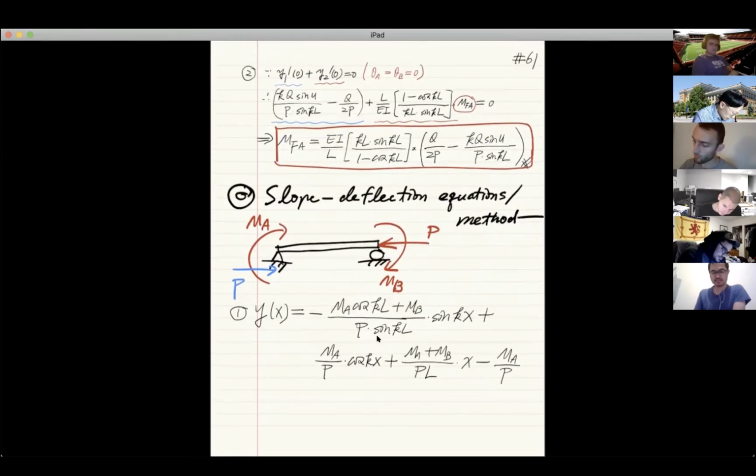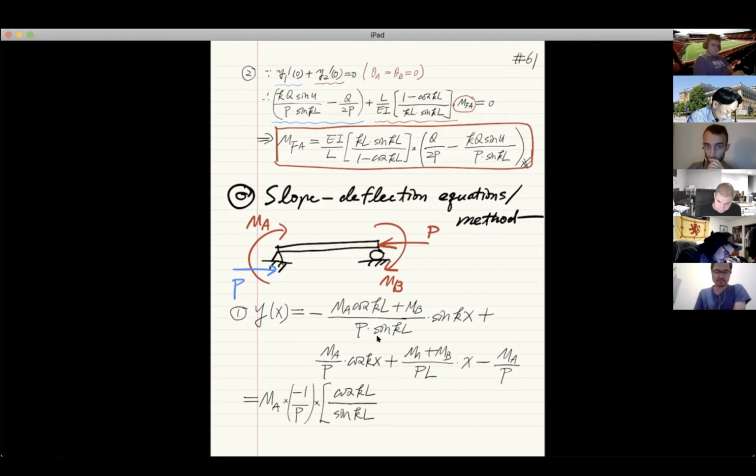And like I promised you before, we're going to separate MA and MB. Now, here is the result I will give you. If you separate MA by taking the MA out, the coefficient that MA is subjected to will be -1 over P times this whole thing, which is cosine KL over P sine KL, taking P out, so it has only sine KL.